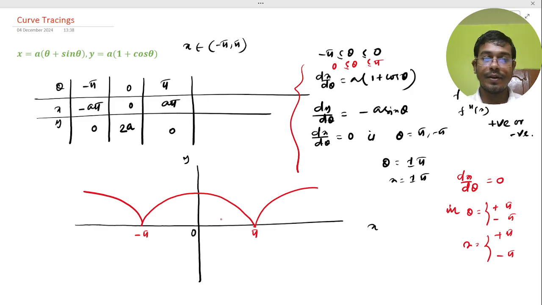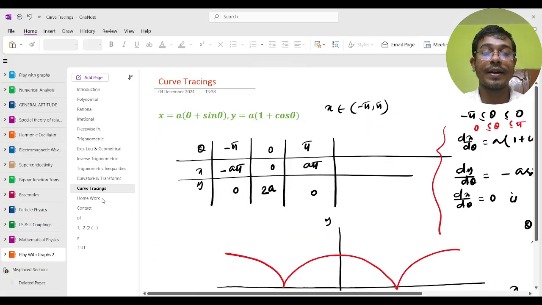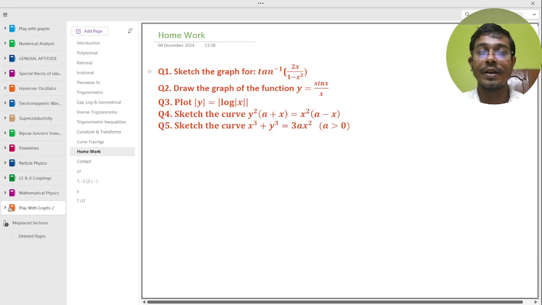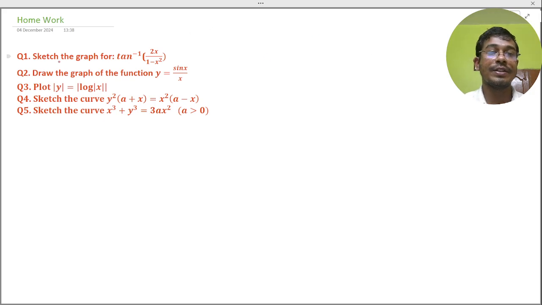Here I give you the same kind of homework, to help you understand for exam purposes. This is helpful for JEE Main and Advanced Physics and Mathematics and NEET Physics. I usually give homework for better understanding and clearing of concepts. Homework: sketch the graph of tan inverse of 2x by 1 minus x square.